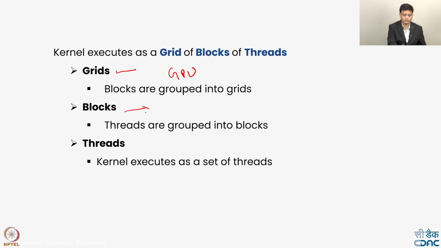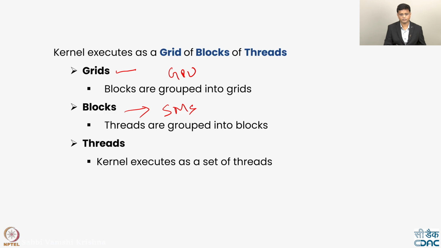Next one is the block, which is mapped on the SM. A block is nothing but a group of threads. Threads are mapped on the SP, the streaming processor. A thread is a software entity that is executed by the streaming processor, or scalar processor.